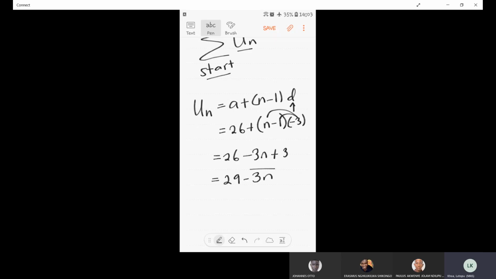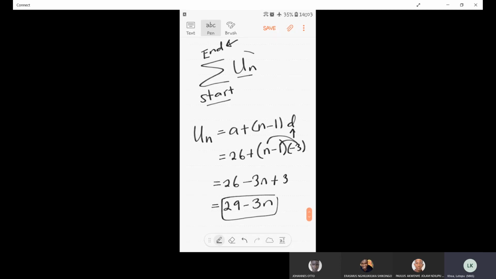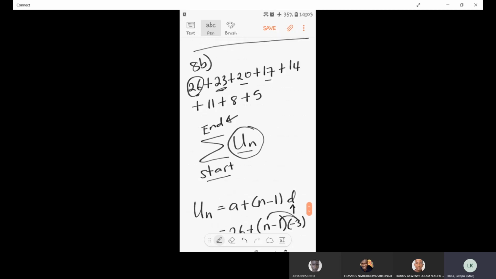Okay, so now I have my formula for the nth term, and that is what I'm going to put over there. Then we say the starting point is always 1, and the end point is how many terms you have. So we count them: 1, 2, 3, 4, 5, 6, 7, 8. So my end point is going to be 8.